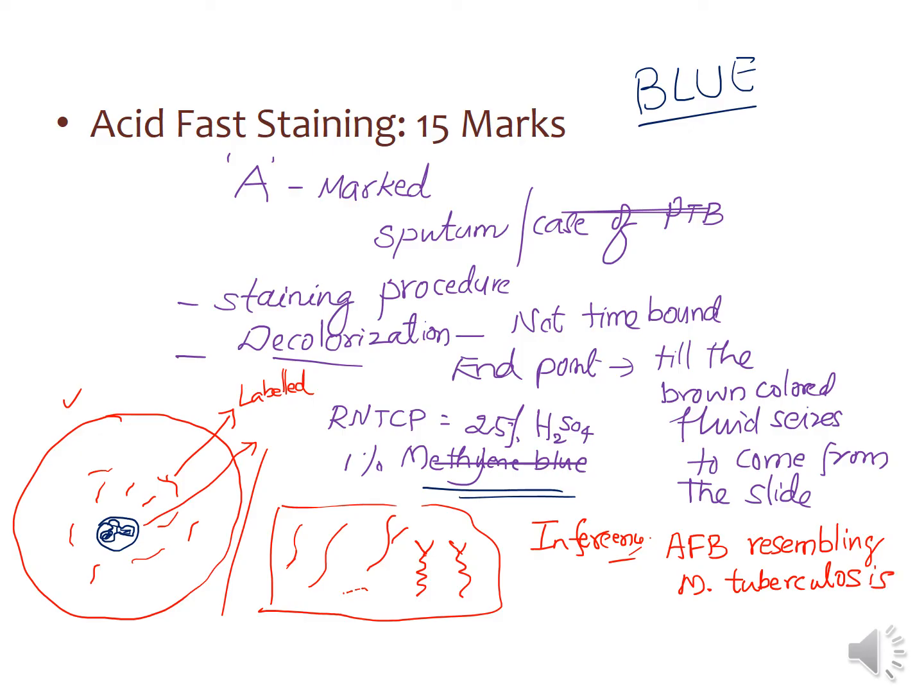Don't forget the proper spelling. The important thing is why you have to use this word resembling. This word carries a very important role because some of the saprophytic mycobacteria will resemble the Mycobacterium tuberculosis.